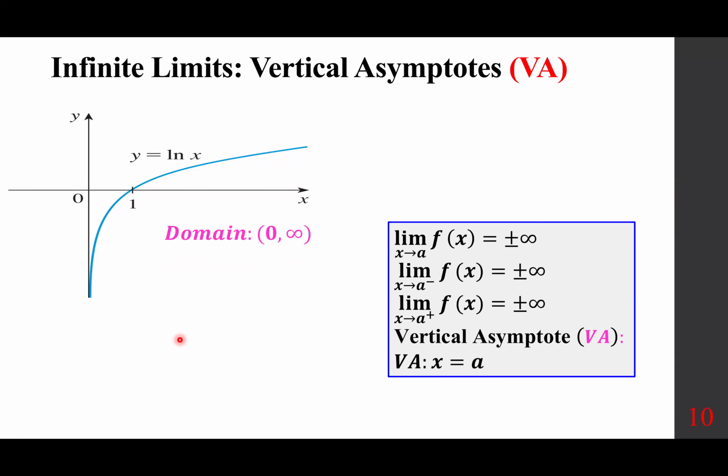The range is negative to positive infinity. And there is no y-intercept and so forth. At the same time, we notice this means what? The limit of ln x as x approaches 0 from the right is negative infinity, meaning the y-axis, or x equals 0, is the vertical asymptote.